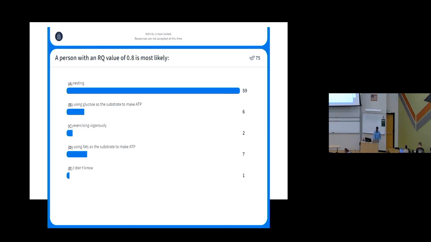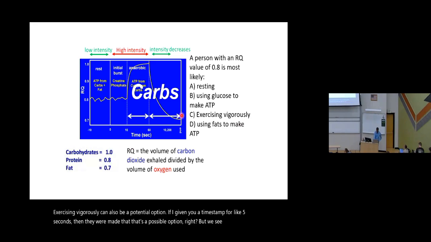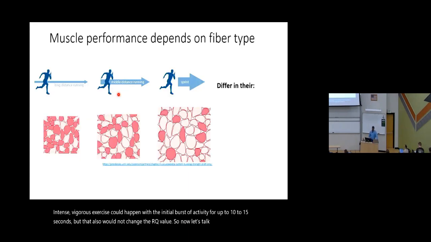But because there was no time mentioned, resting would be the best option, because intense vigorous exercise could happen with an initial burst of activity for up to 10 to 15 seconds, but that also would not change the RQ value.